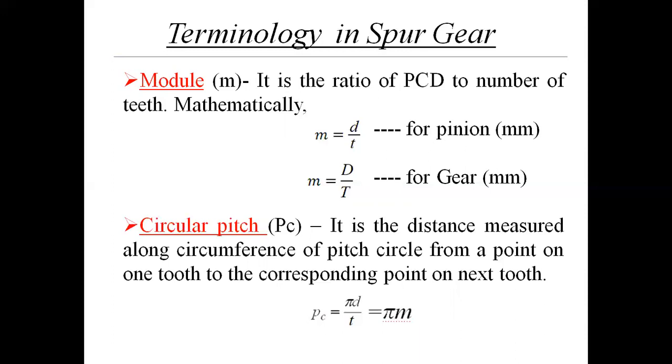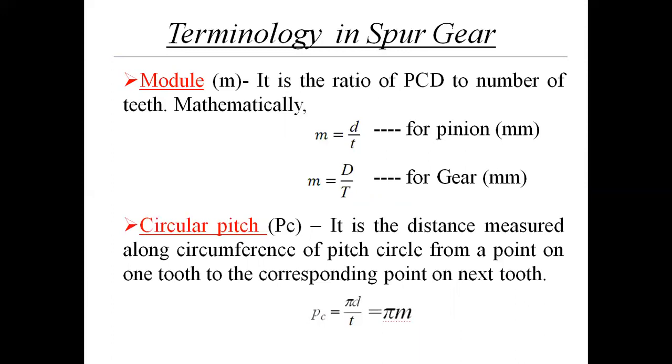If the value of module is different for the gear and pinion, the teeth won't mesh with each other and power will not transmit. So this is an important parameter for the designing stage.